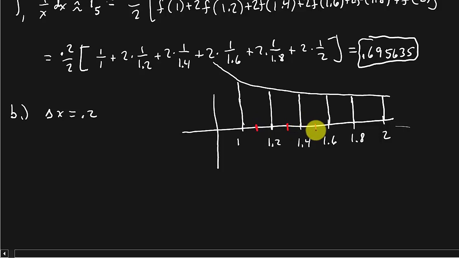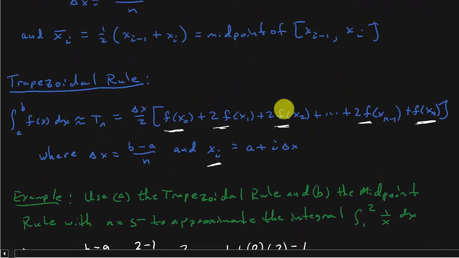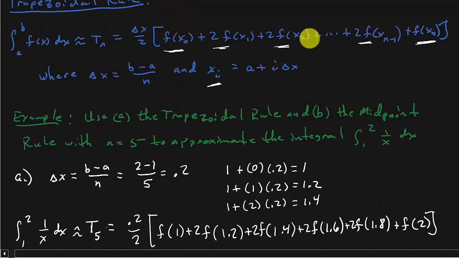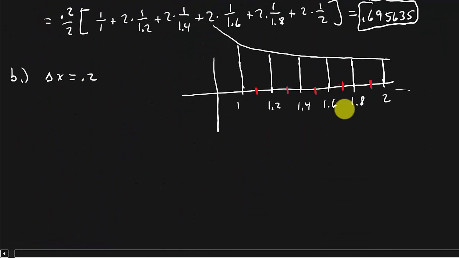So you see the midpoints are right here. These are the values that we're after, because remember, for the midpoint rule, we have to evaluate the function at the midpoints of each rectangle. And that's really what we're interested in finding, these midpoints.